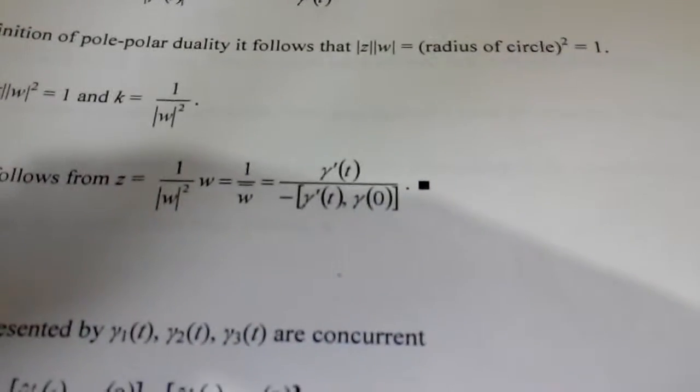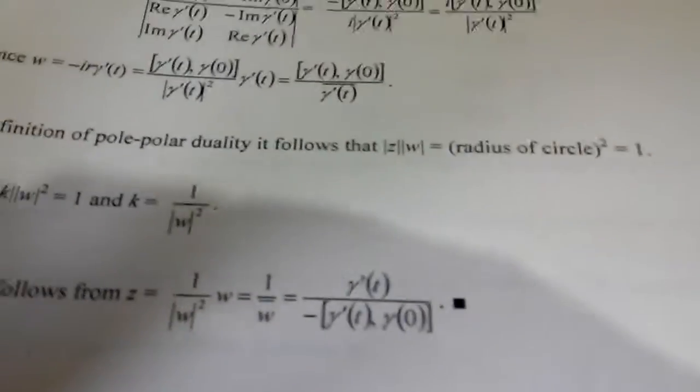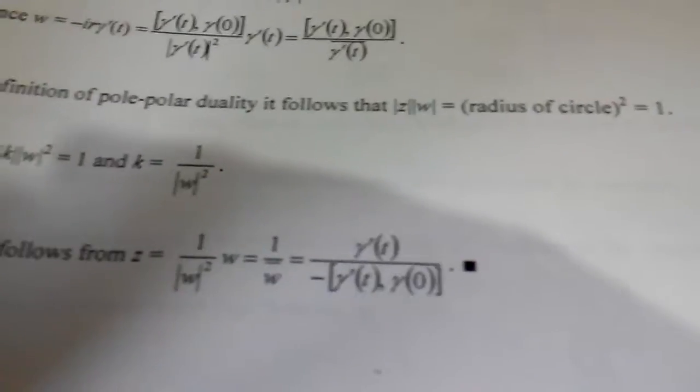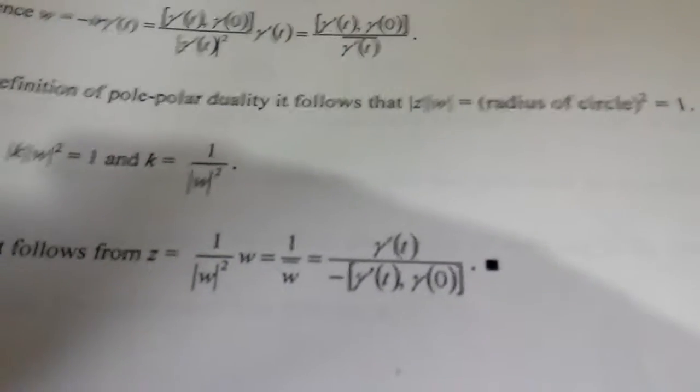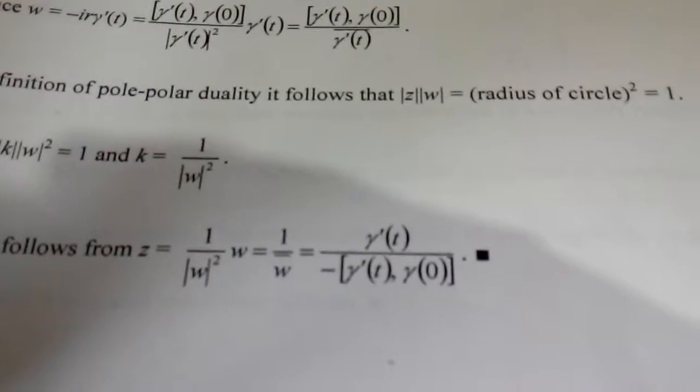I think I missed out something, in fact. So how do I find 1 over W bar? Well, I know that W inverse is in fact W bar over the modulus squared, right?